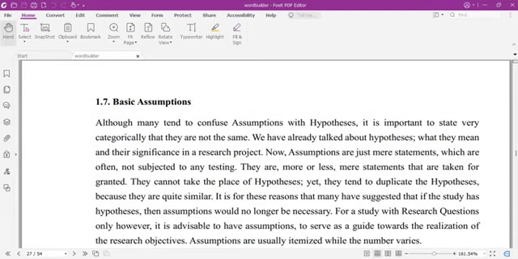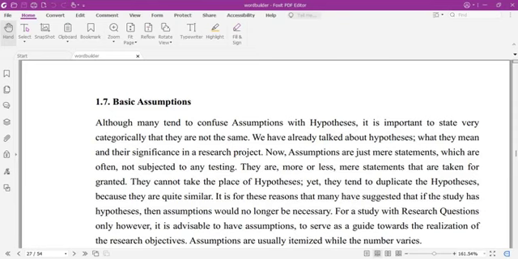You know, your hypothesis is subjected to testing, and then you get your results, your conclusion, everything, and it ceases to be a hypothesis. But assumptions, like we said, are not subjected to any testing. They are more or less mere statements, ordinary statements that are taken for granted. Statements that are just made casually, they are taken for granted.